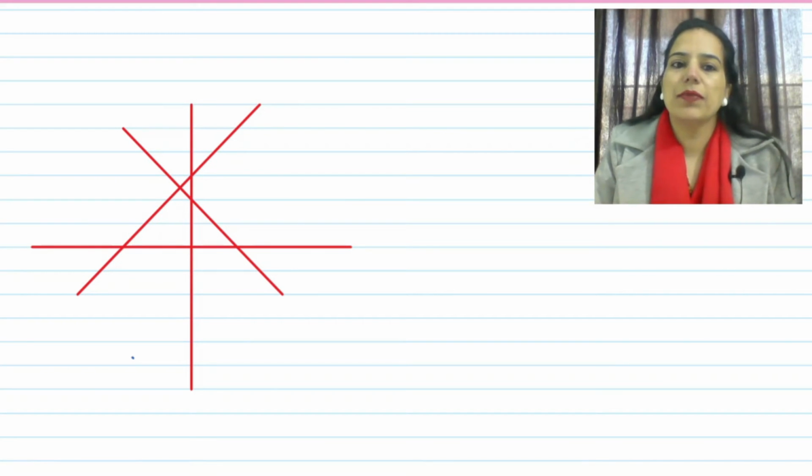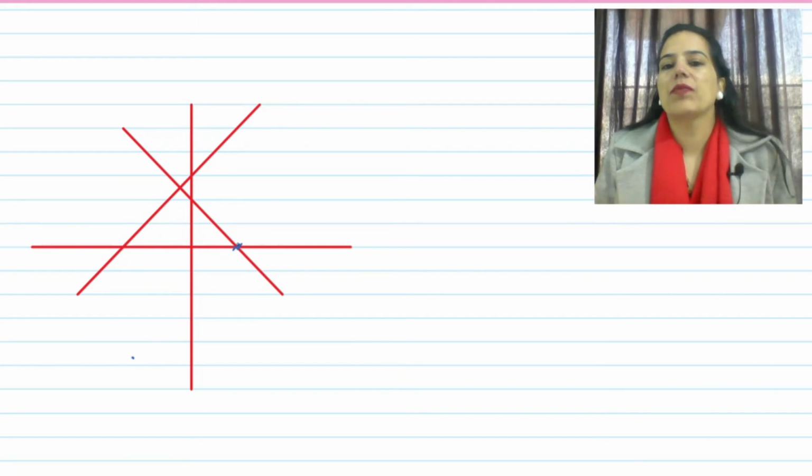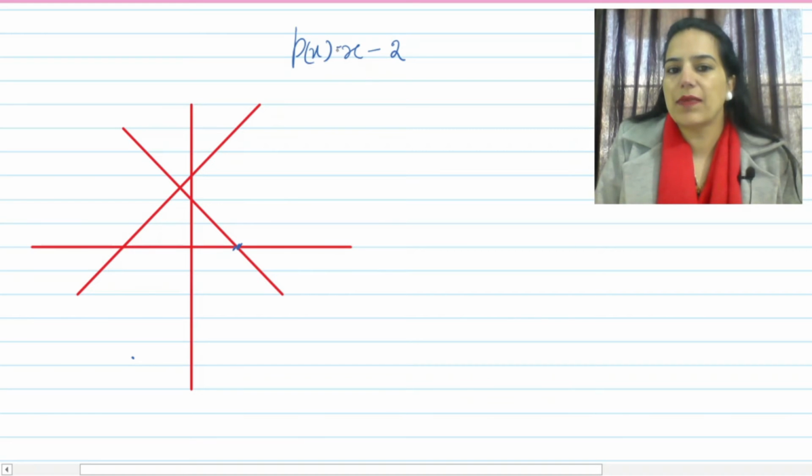Now, what does zero mean? Zero here implies this point where the graph touches the x-axis. That is the point we call the zero of the polynomial. Like in the previous question, which I just discussed, p(x) equals x minus 2.